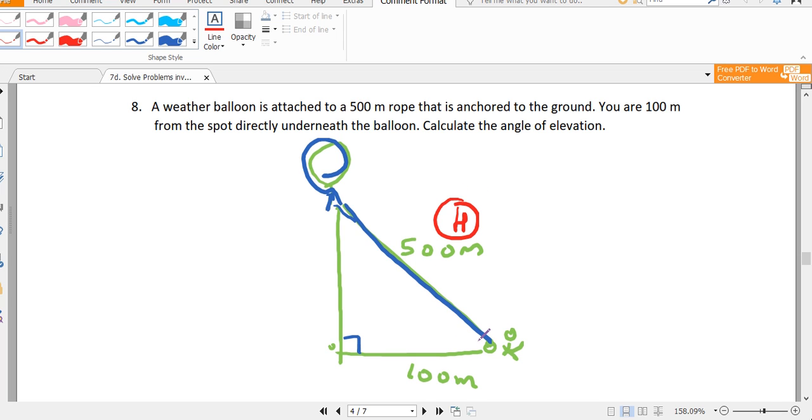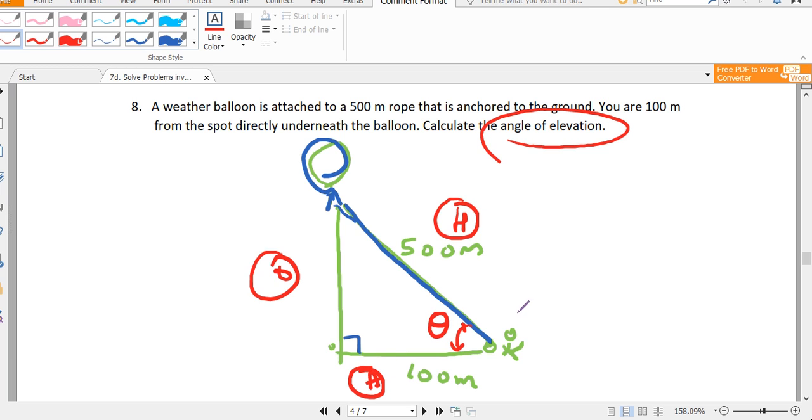This is you. Now it's asking us to calculate the angle of elevation, which means you are there. This is the angle we're asking for. We need to find theta. So relative to this angle, this would be my opposite side. And this must be my adjacent. And the rest is the same.